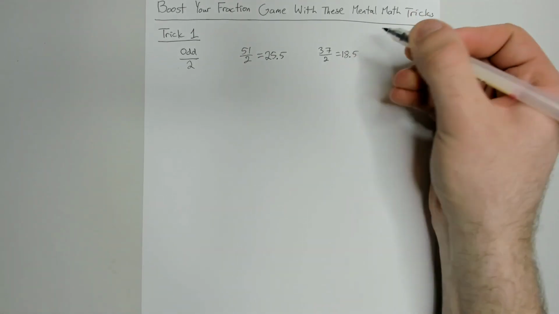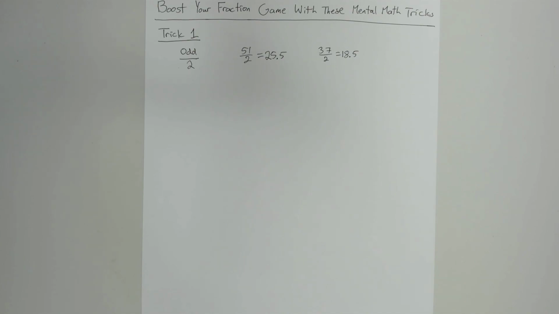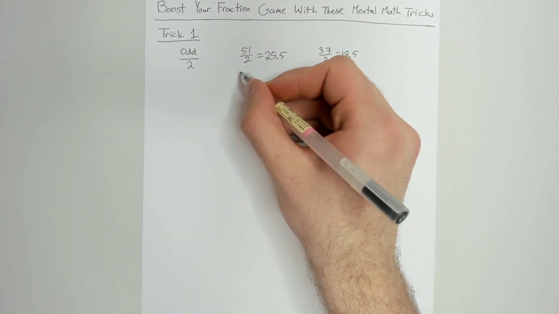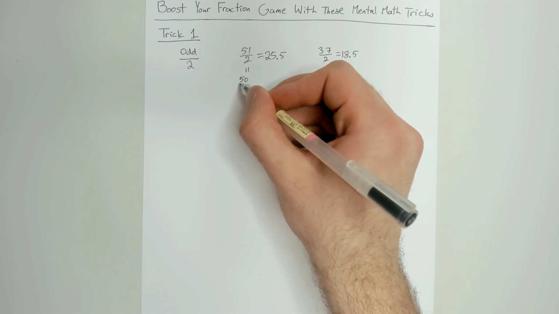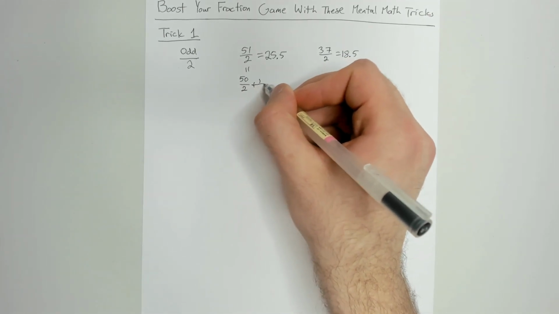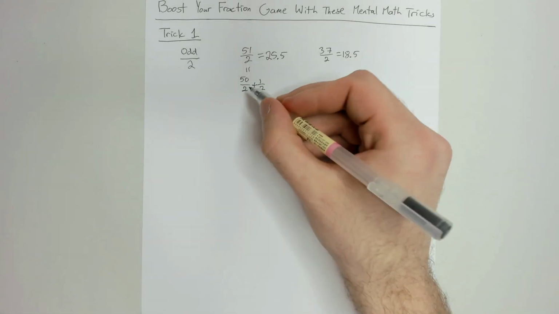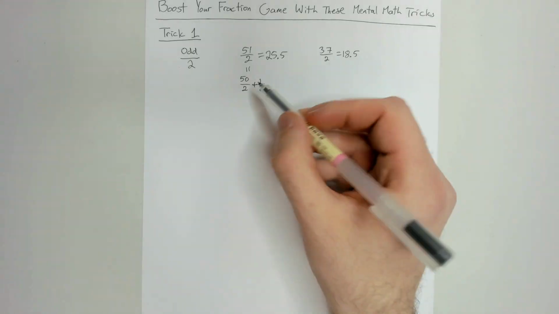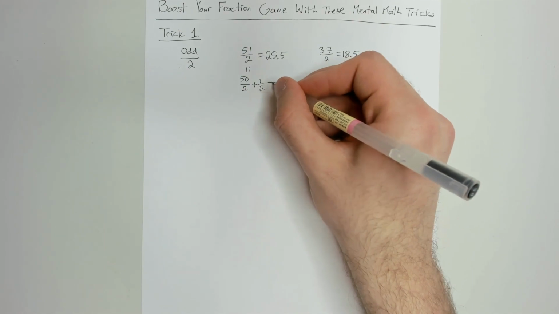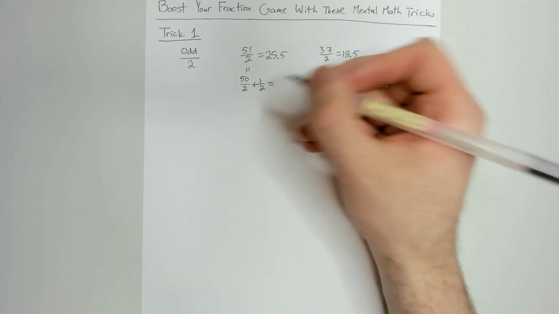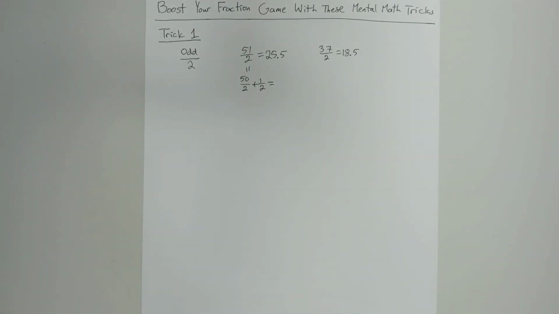So how am I doing this? Well, essentially what I'm doing is I'm noting that 51 over 2, 51 is the same thing as 50 over 2 plus 1 over 2, right? We know this because they have a common denominator, so we just add the numerators and we get back to 51. So 50 over 2, that's just an even number divided by 2, and finding a number divided by 2 is usually a pretty quick mental math process, especially when you have a lot of experience.